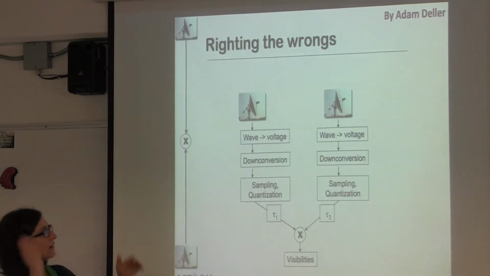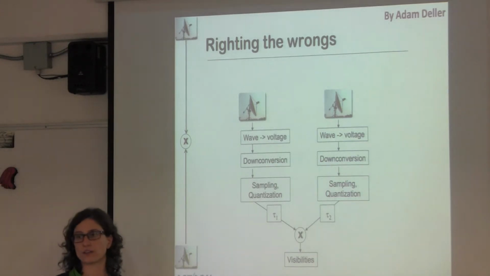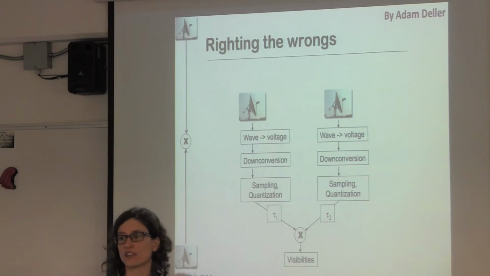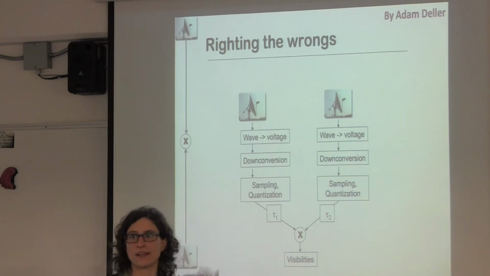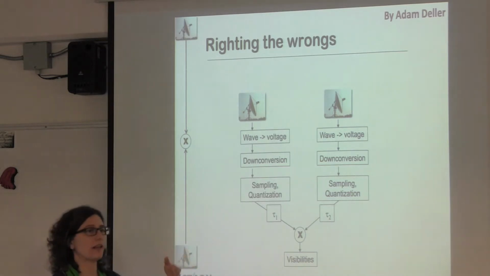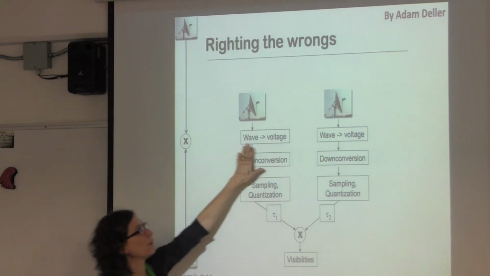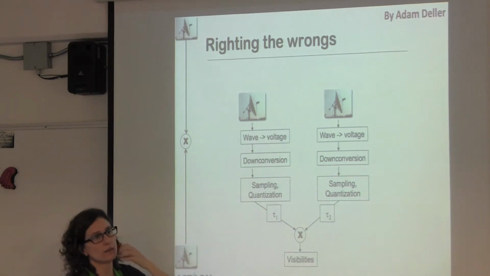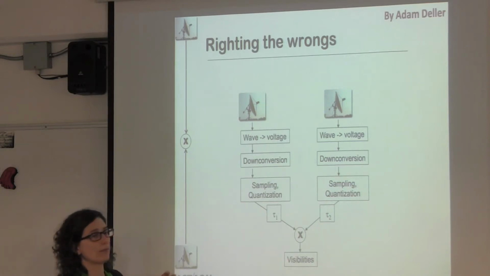This is a schema of what goes into the correlator, because I told you yesterday the correlator is a supercomputer that makes quick calculations every second among all the baselines that we have. So this is just like the previous slide. So we measure waves. By convenience, we move them to a lower frequency to make operations.